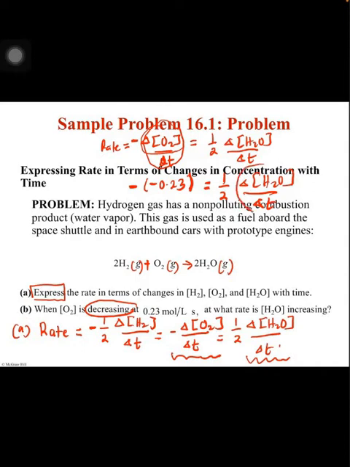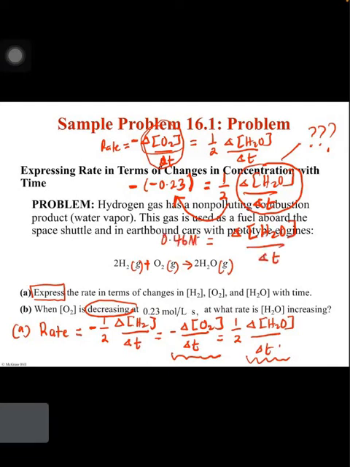Soalan nak yang ni sebenarnya. What is this value? Apa nilai dia? So, mathematically, kita akan pindahkan 1/2 ke belah sana. Dan kita akan dapat jawapan dia berapa? 0.46 M per second. Yang mana nilai yang kita dapat adalah a positive value.